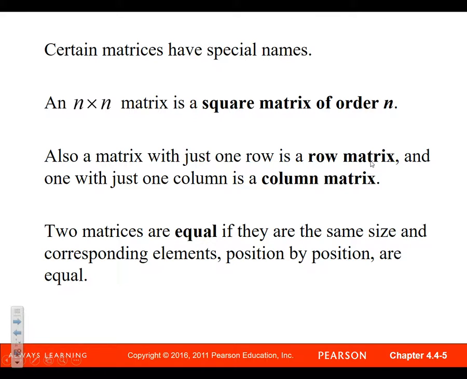And if it only has 1 column, we call it a column matrix. And if you have matrix A equal to matrix A, then those 2 matrices are equal. So if one matrix has the same values as the other one, we call them equal. Which I think you guys should already know. It's not new math here. If it's not, then it's not equal.